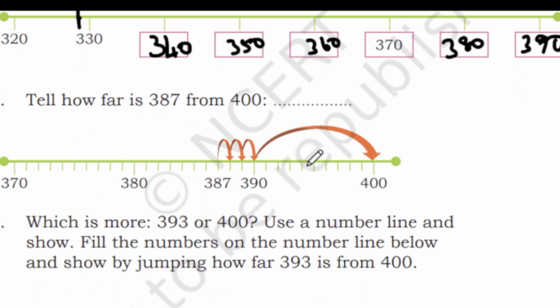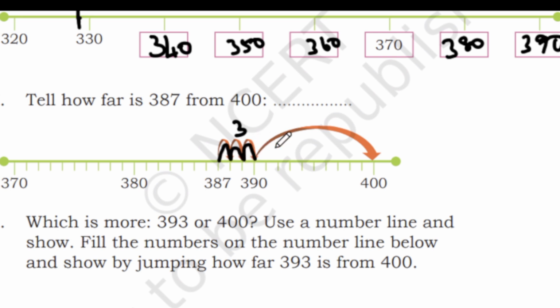So how far it is, how many jumps it's needed. Here from 387 to 390 we have 3, because from 387 we have to go to 388, 389 and 390.